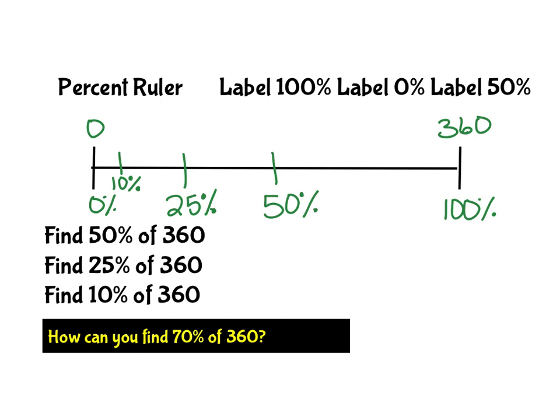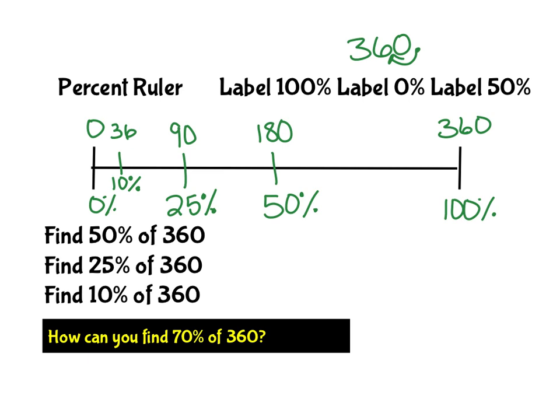So half of 360 is 180, and we should know that from our angles lessons. Half of 180 is 90. And then if we go back to our original 360 and we need to find 10%, put your decimal in, move it over one spot, 10% is 36.